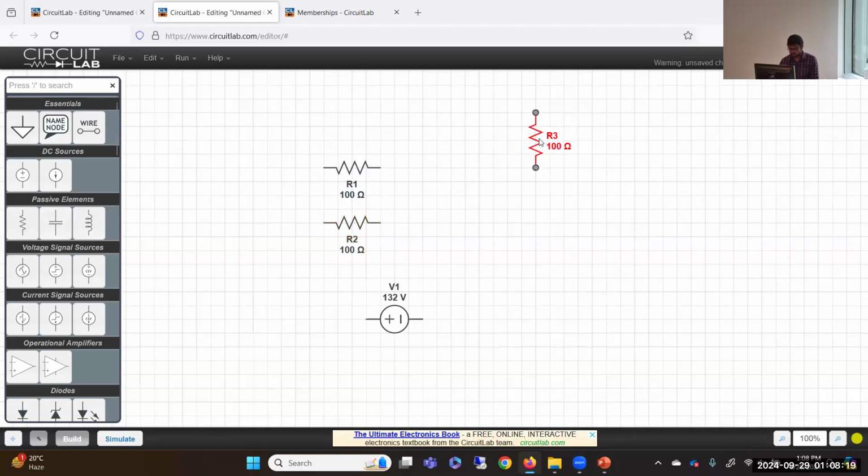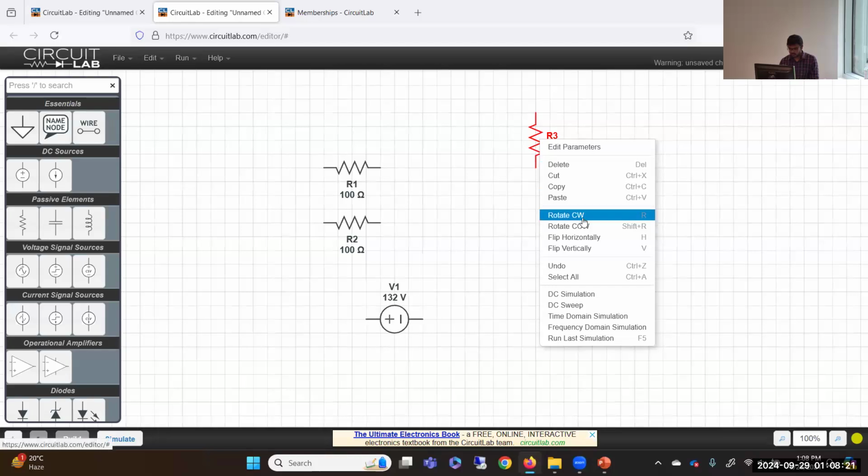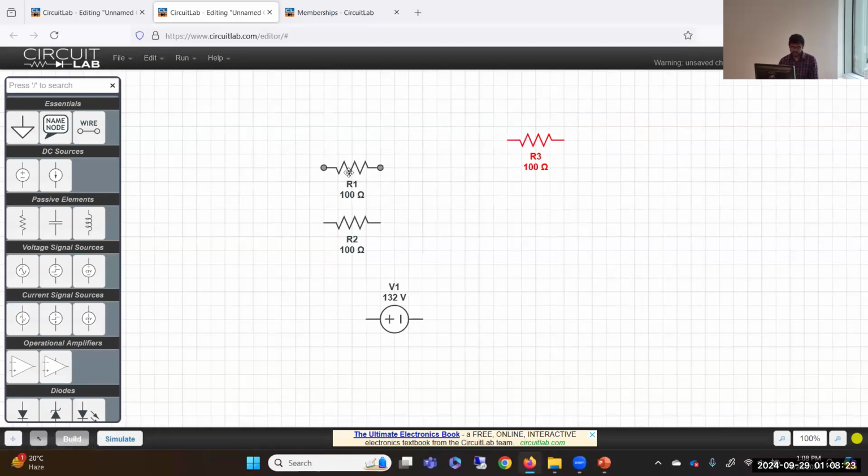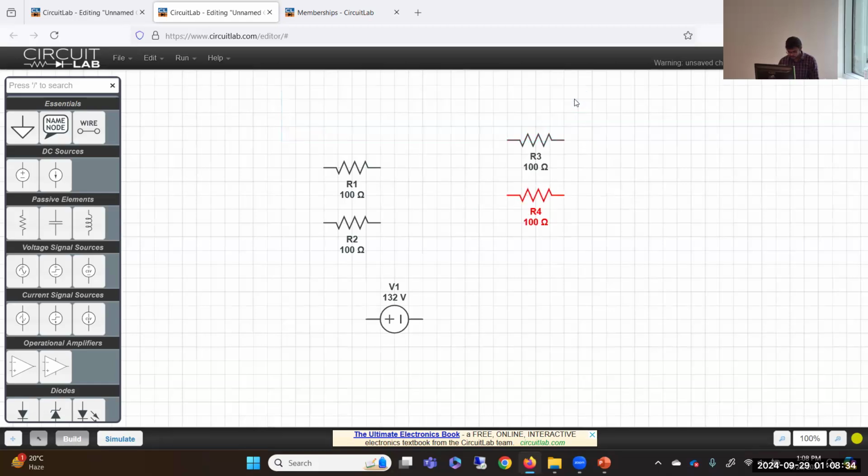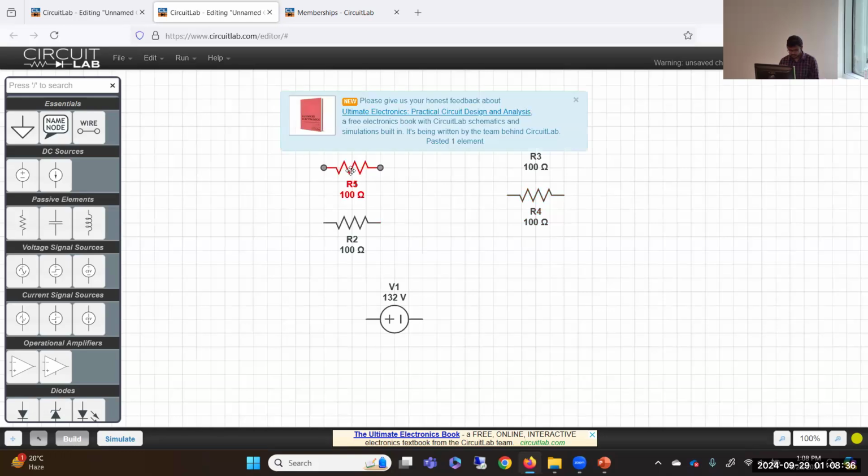So, you can say Ctrl V, I think we can also use that. Yeah, we can use that as well. It will put one on top of another, so you'll have to be careful with that.